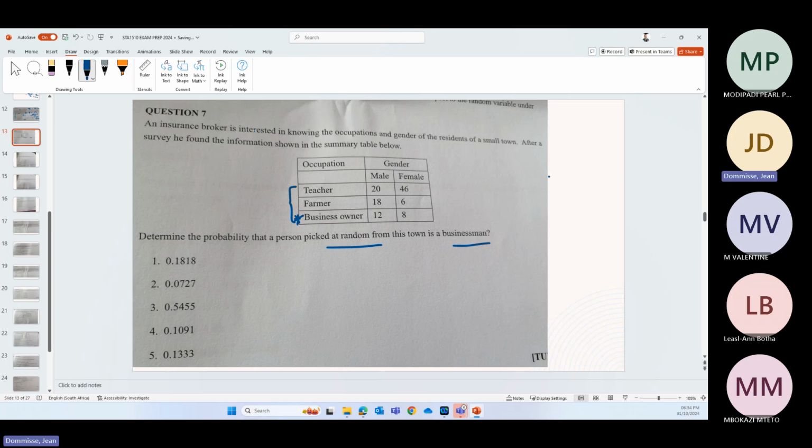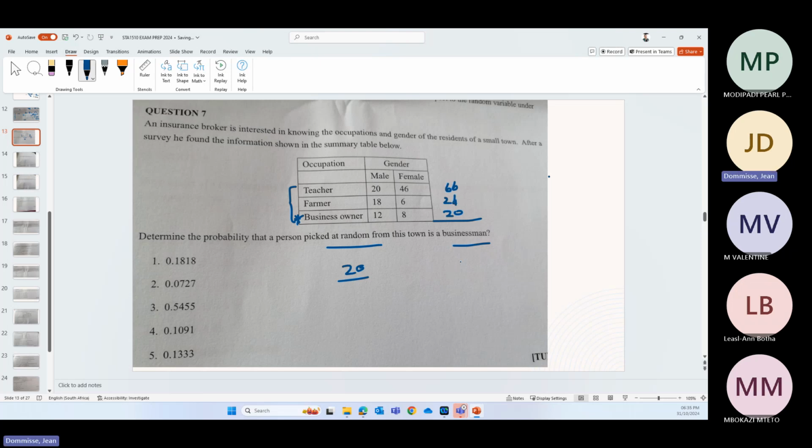Okay, so they did not tell us how many people, so we need to get the total, and then we know that the total of business owners is 20, so 20 divided by how many people are in this town, that is your probability that we will pick a business owner. So 20 plus 46 is 66. 18 plus 6 is 24.